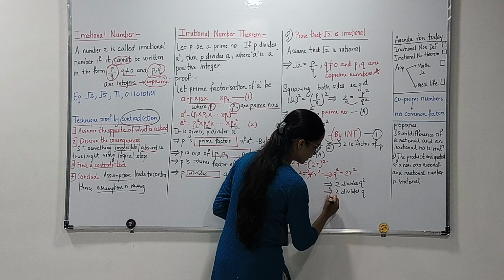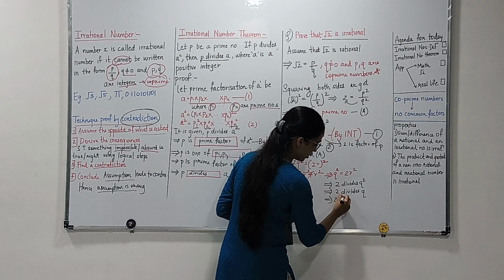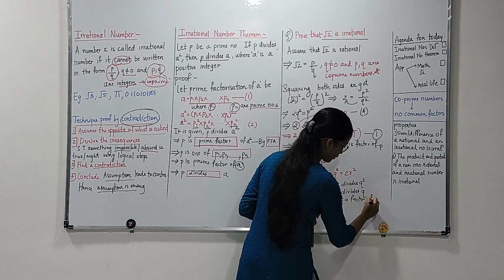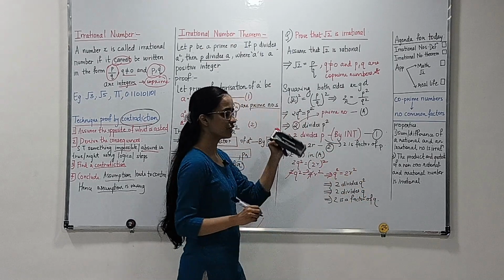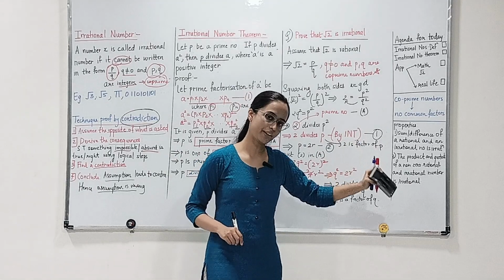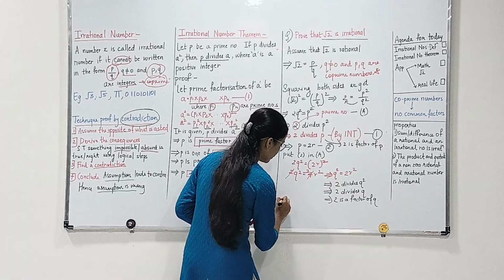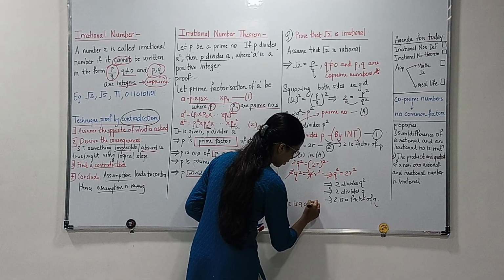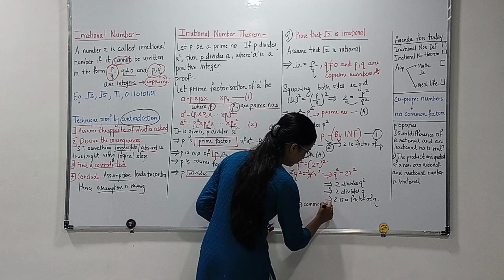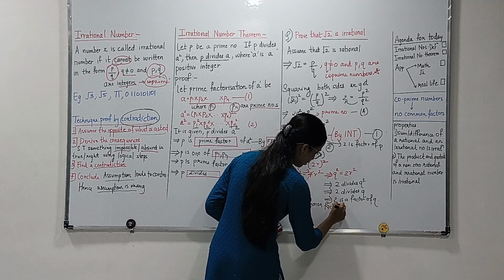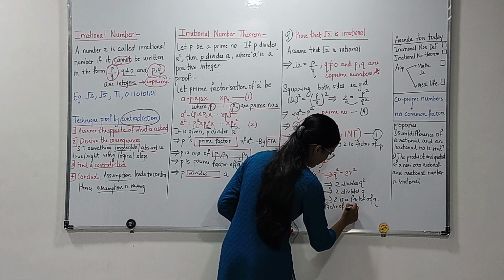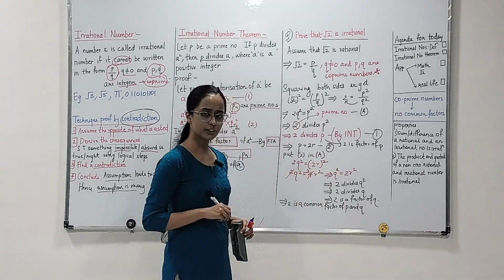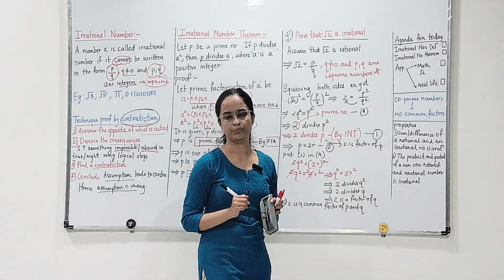If 2 divides q, it means that 2 is a factor of q. So 2 is a factor of p, and 2 is a factor of q as well. This implies that 2 is a common factor of p and q. But students, is this possible?